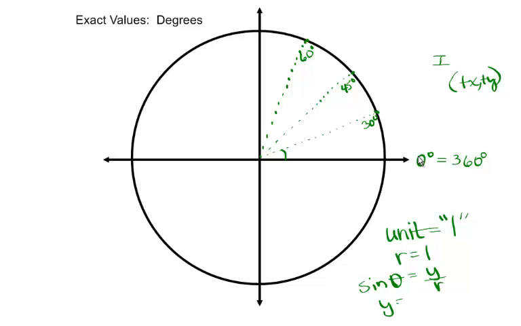When we solve that for y, our y coordinate to every point in the plane on the surface of a circle of radius r is that radius times the sine of theta. When r is 1, the y coordinate to every point is the sine of the angle measure at that point.